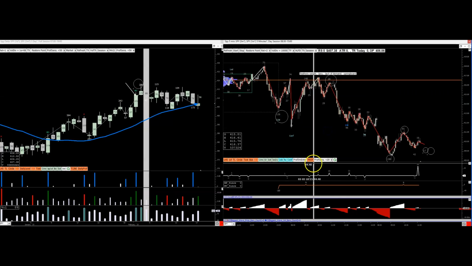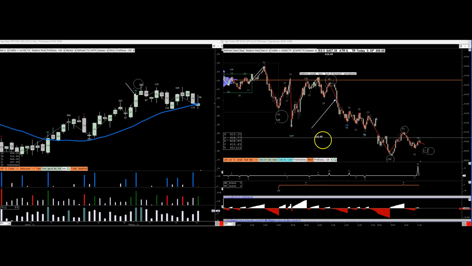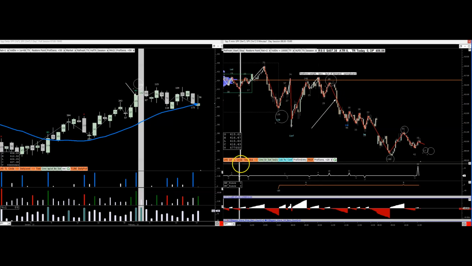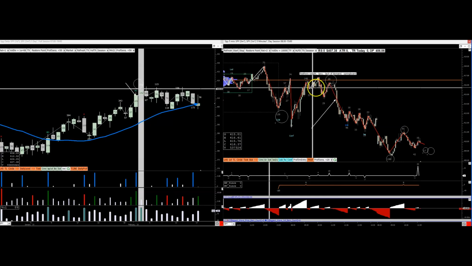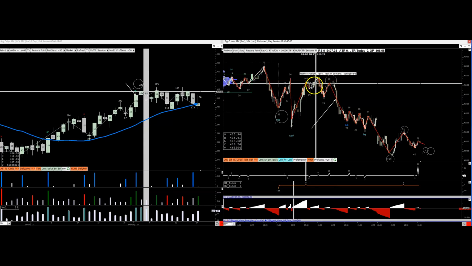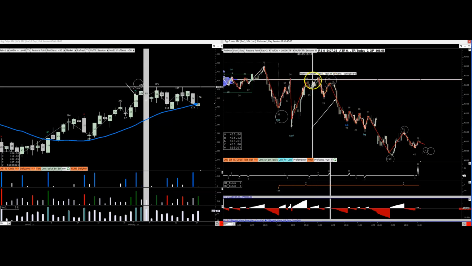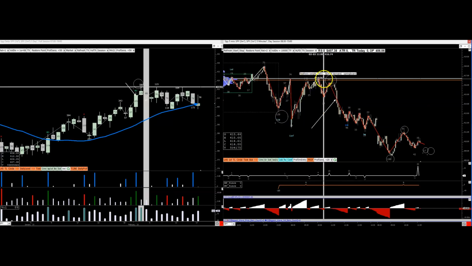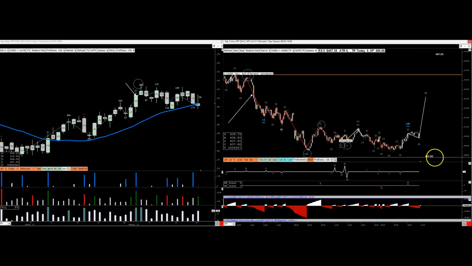In fact, specifically, that bar right there is the markdown bar, which means you're no longer in distribution. There's nothing more to sell because the volume has gone so low, and now you can initiate markdown. Why? All the selling is done. Markdown.